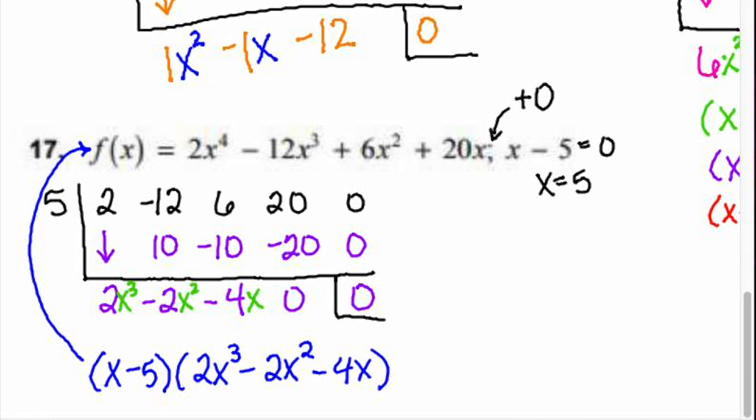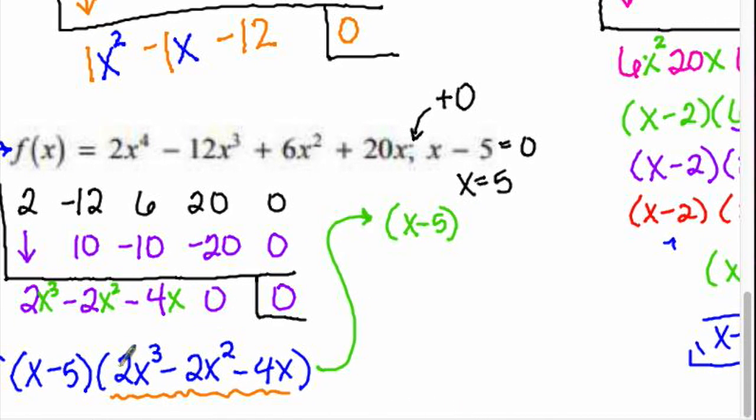So now we need to completely factor, which means then take a look at this guy right here. X minus 5 is linear because it's x to the first power, so that one's not going anywhere. Then we have this guy right here. So the first thing I look for when I'm factoring is a GCF. This one does have a GCF. So I'm going to rewrite my x minus 5. And the GCF in this case would be 2x.